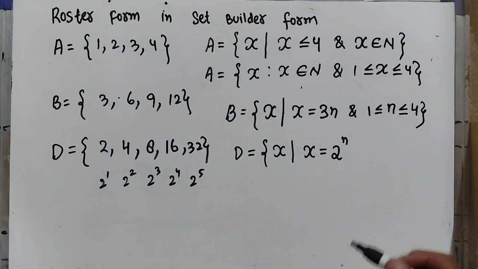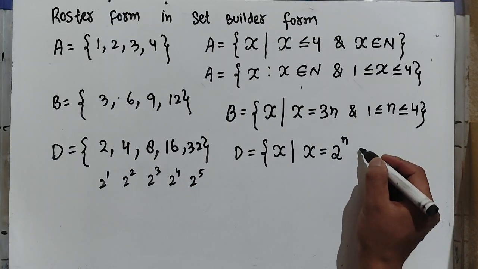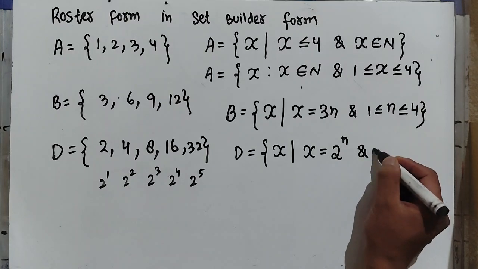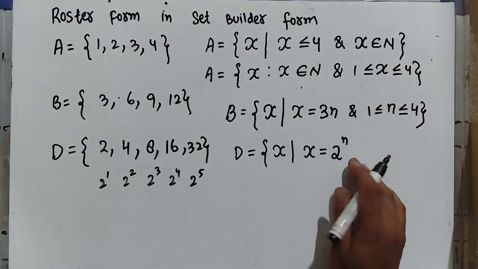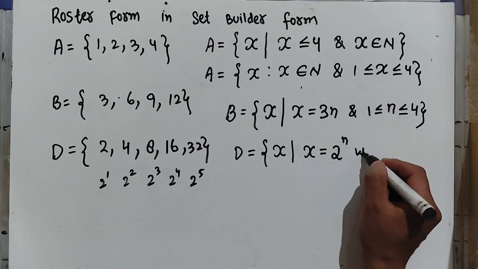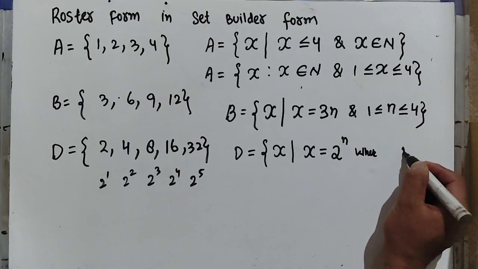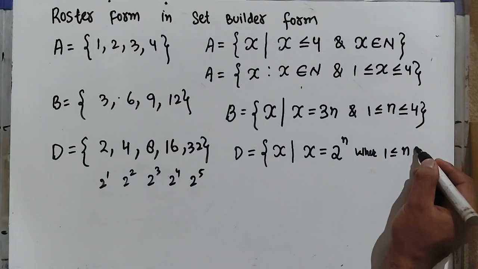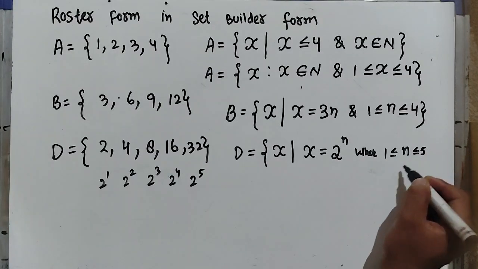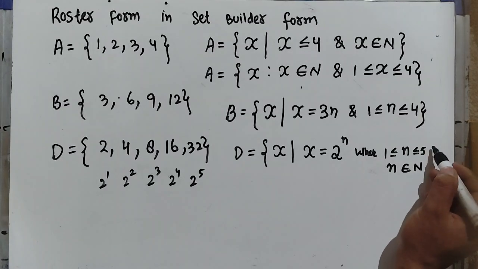Then we have to specify another condition, that is n lies between 1 and 5 and n belongs to natural numbers.